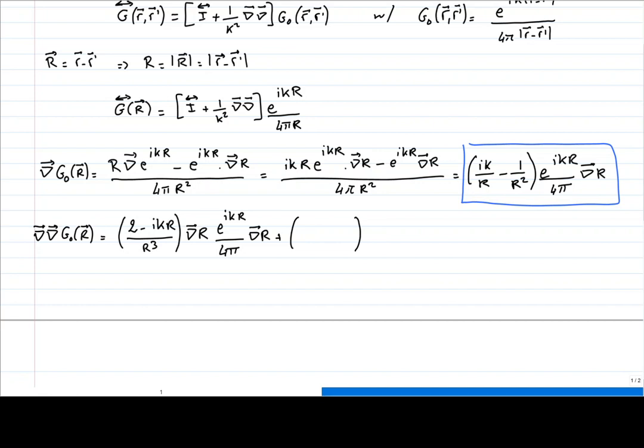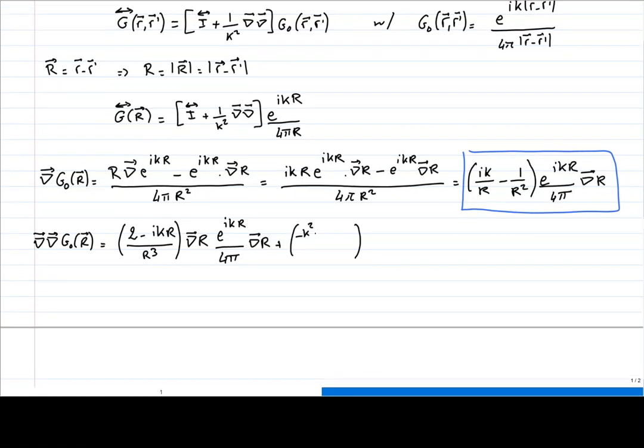We have ik that comes out, and with the ik from the parentheses we're going to have negative k squared r squared minus ikr over r cubed, and then the exponential that is left from the derivative.